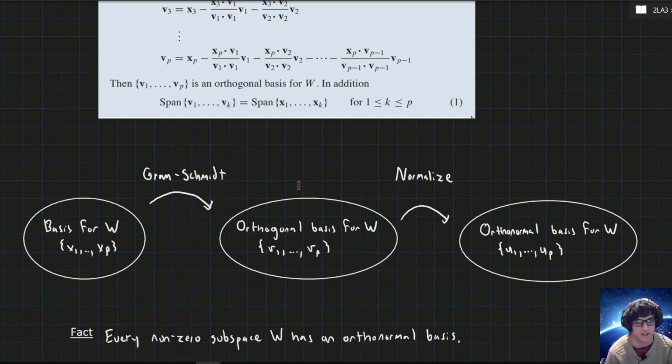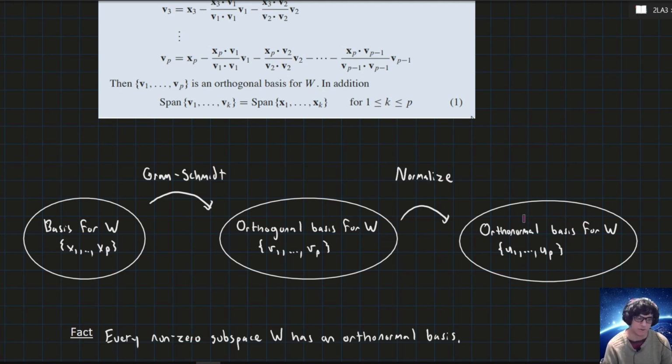We can always do that. And then we can further normalize that set of basis vectors into an orthonormal basis. That's even easier than the Gram-Schmidt. You're just dividing by the length of each vector.